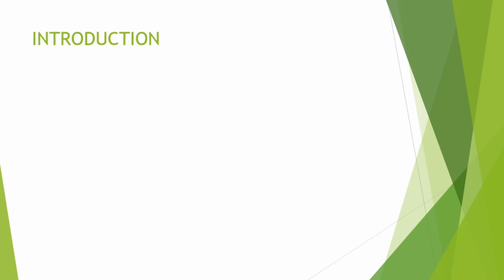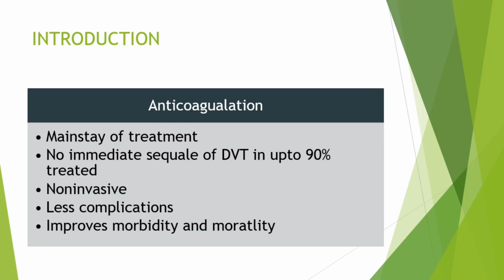We know that anticoagulation therapy is the mainstay of treatment for thromboembolic conditions, whether it's pulmonary embolism, deep venous thrombosis, or other arterial side or venous side thrombosis. So the anticoagulation therapy is the mainstay of treatment. And in the patients who receive anticoagulation therapy for DVT, there are no immediate sequelae in up to 90% of the patients who are treated with anticoagulation therapy.